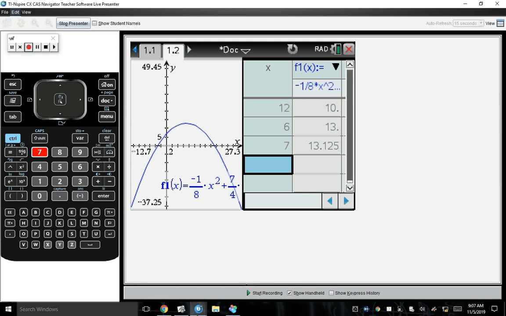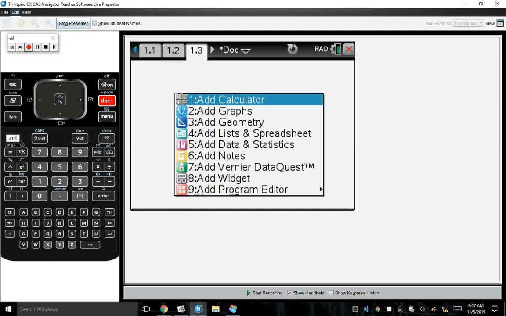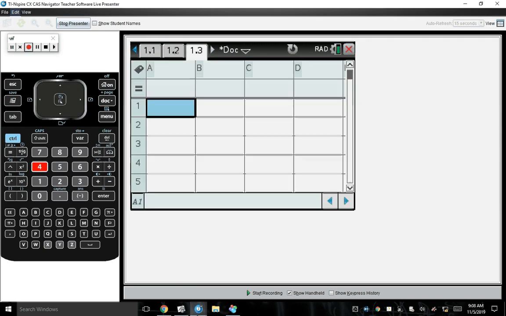I'm going to do from here, Control T to move the table out of the way. And I'm going to add a page. Here we go. Control Dock, this button at the very top right. I'm going to add a spreadsheet. This is the regression way that we're going to do this. So I'm going to add a spreadsheet by pressing 4.